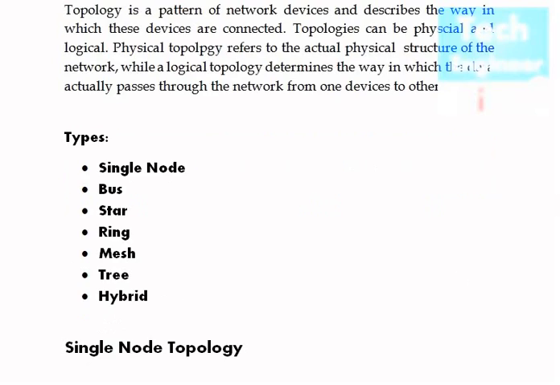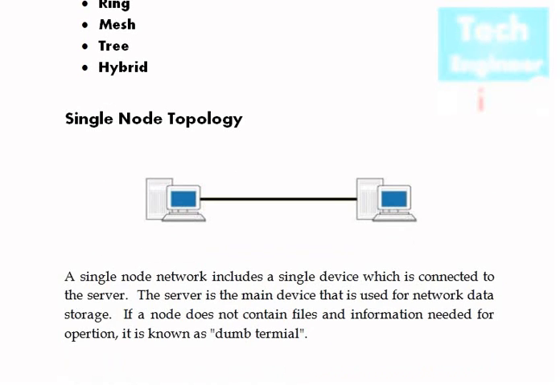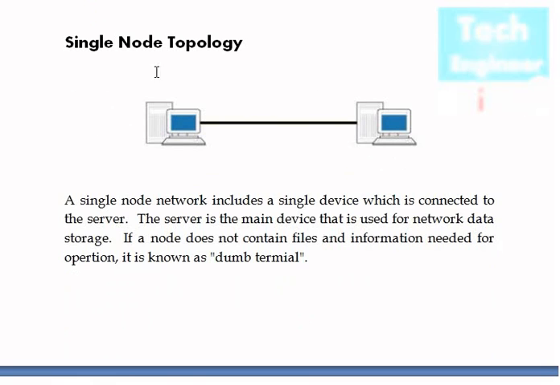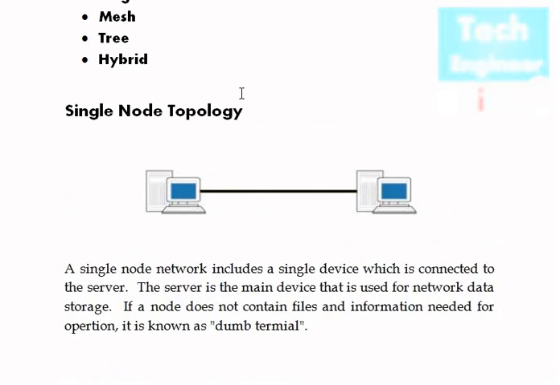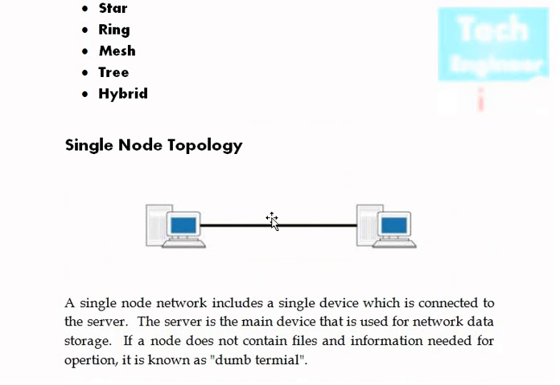The types of topologies are single node, bus, star, ring, mesh, tree, and hybrid. These are the types of topologies and the basics of topology.